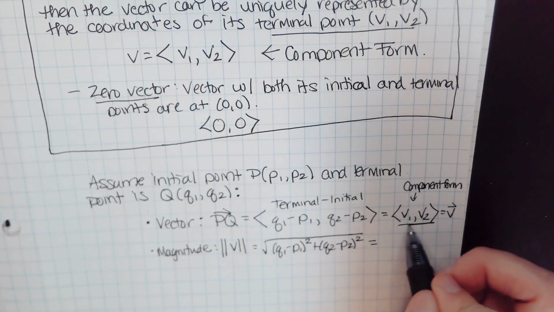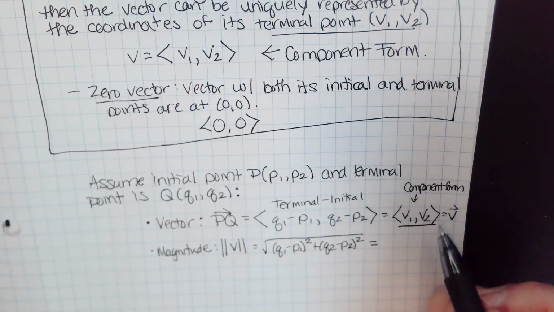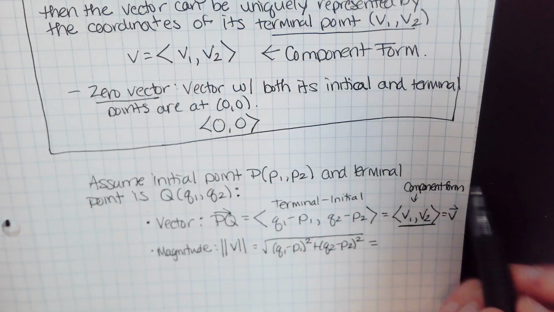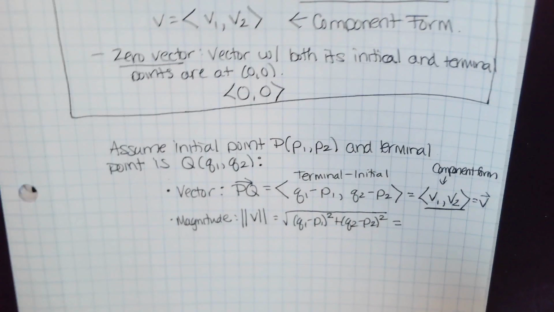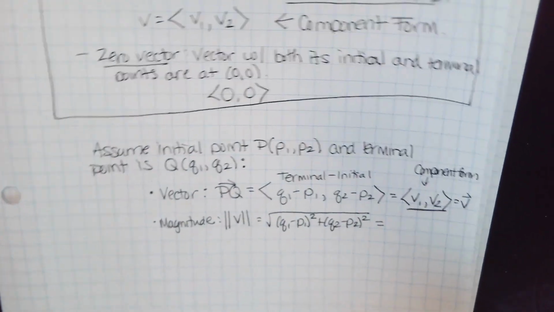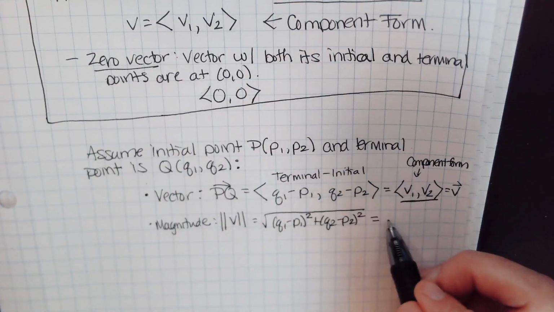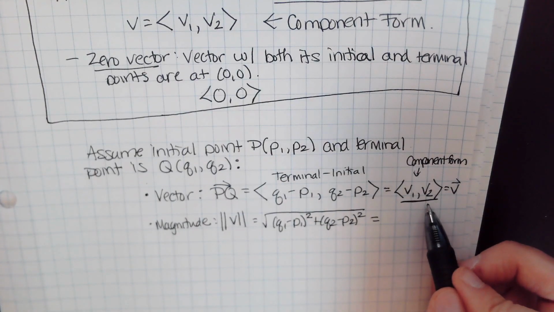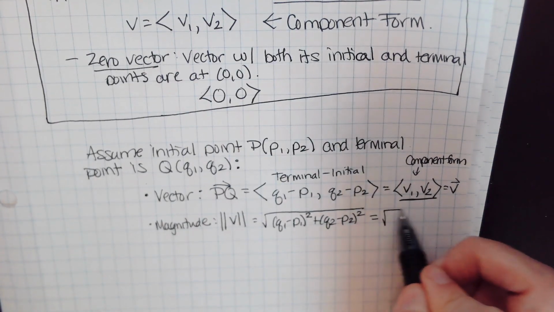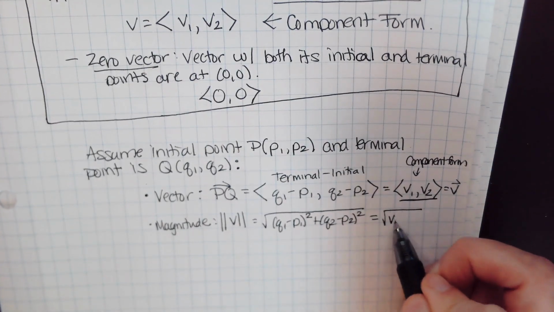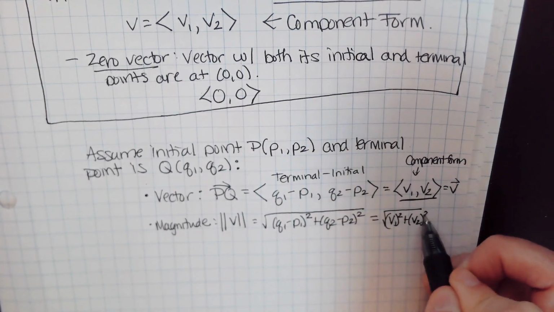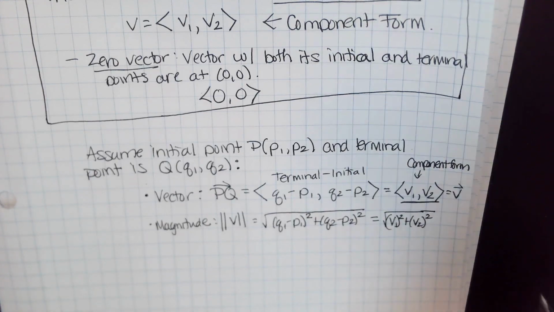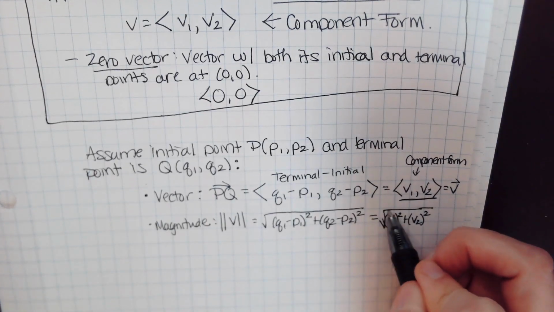Since this is in component form, and component form means your initial point is at the origin, you would just be subtracting 0 from each. So instead of the distance formula, if you have it already in component form, you can just take V sub 1 and square that and add it to your V sub 2 squared, and take the square root of that.